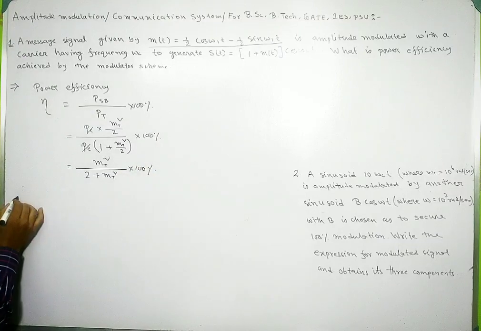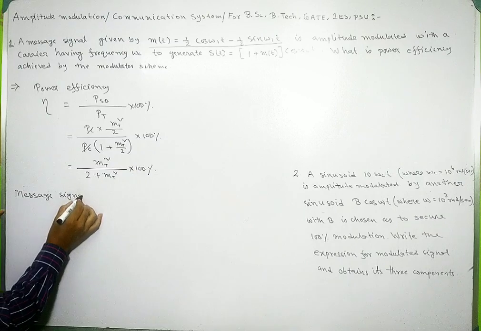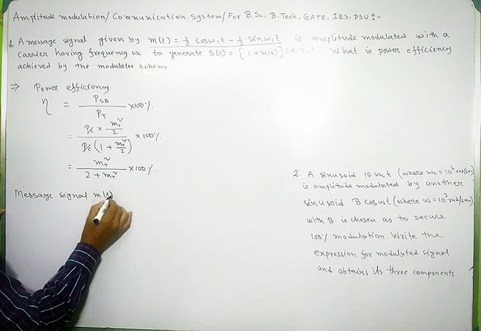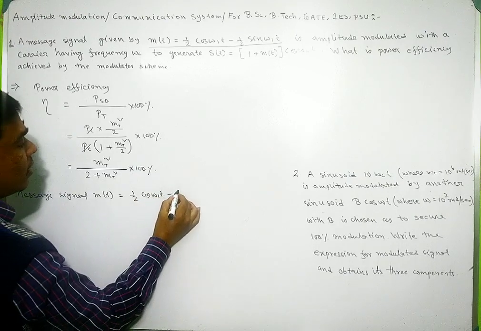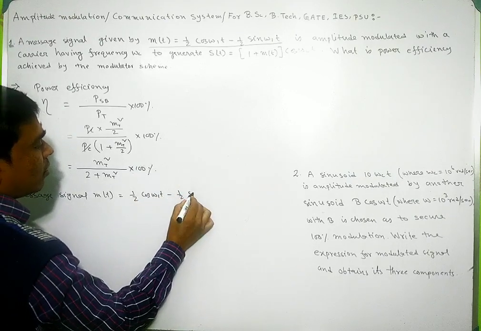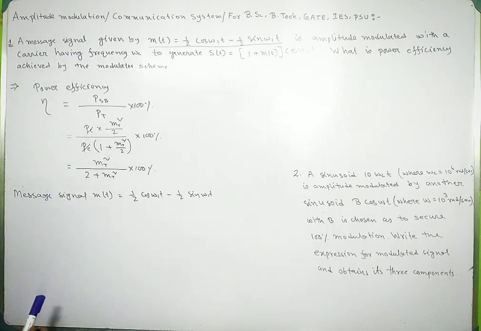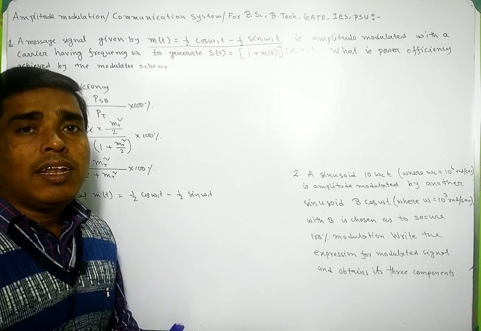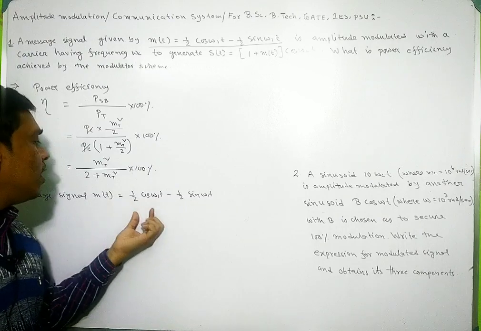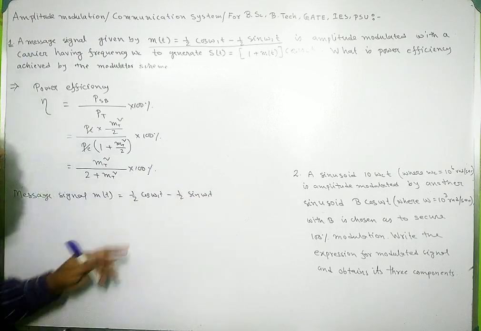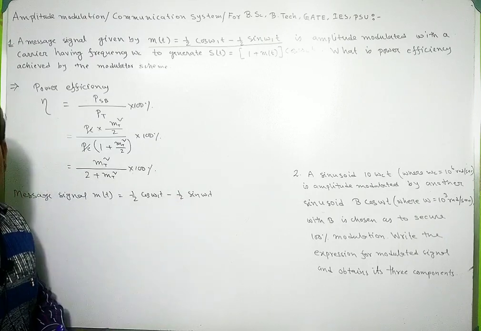The message signal mt is given by cos omega 1 t minus half sin omega 1 t. That means the message signal is not a single part, it has two parts: one is cos omega 1 t and another is sin omega 1 t.